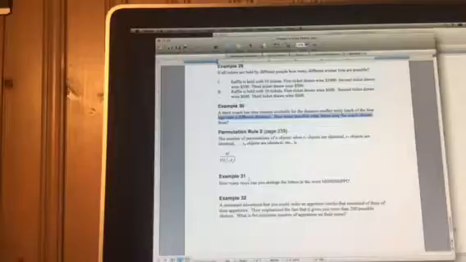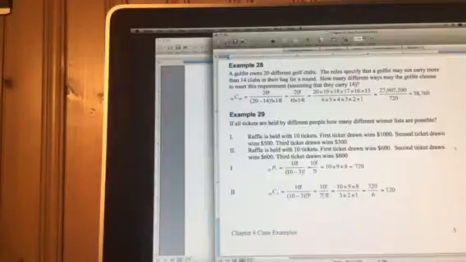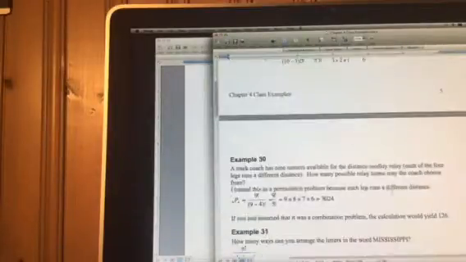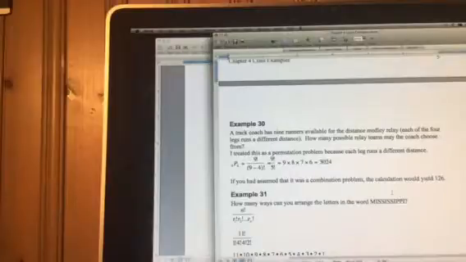All right, and finally, example 30. Track coach has 9 runners available for the distance medley relay. Each of the 4 legs runs a different distance. How many possible relay teams may the coach choose from? All right, now this is one I consider to be clearly a permutation problem because each runner runs a different distance. So we have 9 runners to choose from.